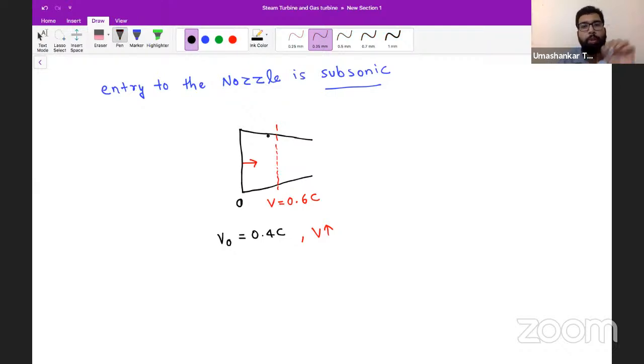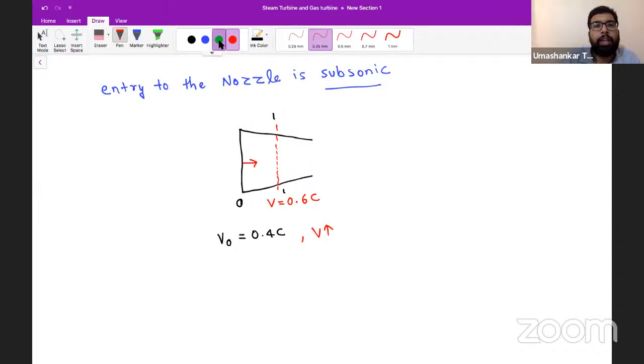Now my question is, can we increase the velocity any further? Yes, we can, because the flow is still subsonic. Let's say this point is 1. From this section we can further reduce the area, and while reducing the area our velocity will increase, because we are in subsonic condition.